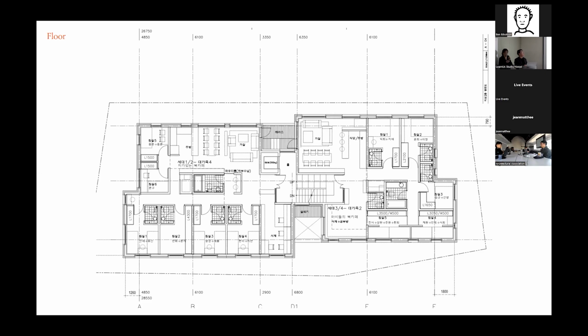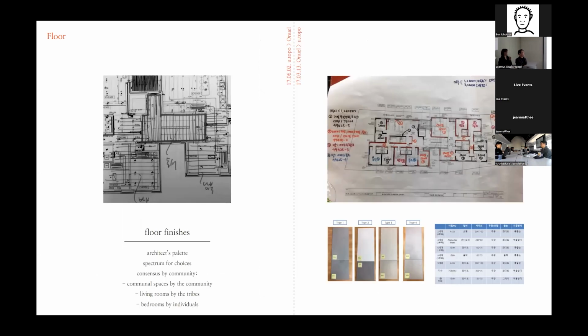So this is the floor plate that we set after the discussions. So if we say in architecture floor, that's actually how architects allocate the rooms, circulations, the basic principles. But with community housing projects, the floor was evolved into the finishes as a discussing item with the community.